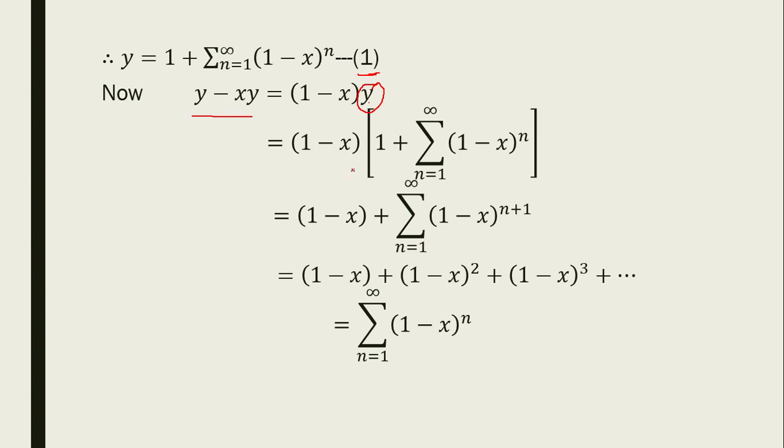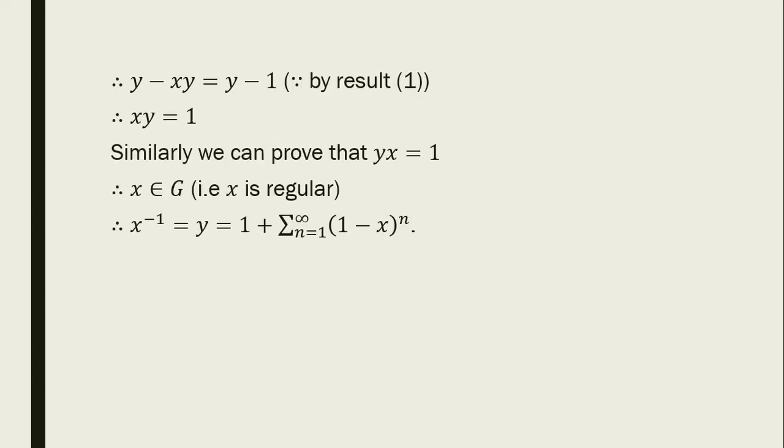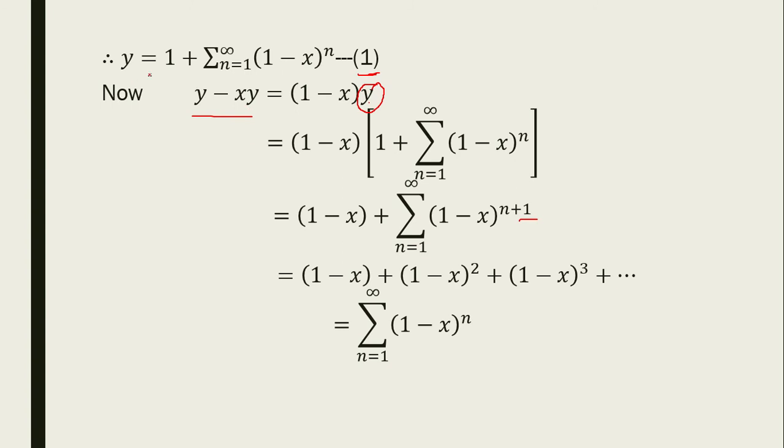Simplifying, we get (1 minus x) plus (1 minus x) squared plus (1 minus x) cubed plus up to infinity. So in summation form, summation n equals 1 to infinity of (1 minus x) raised to n. So the value of y is equal to 1 plus summation n equals 1 to infinity of (1 minus x) raised to n.